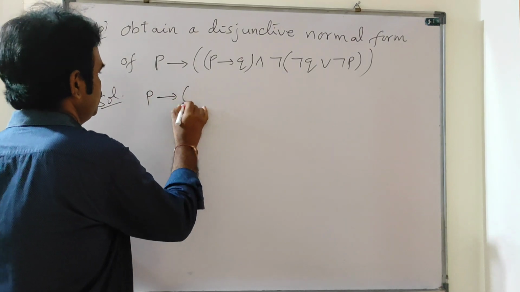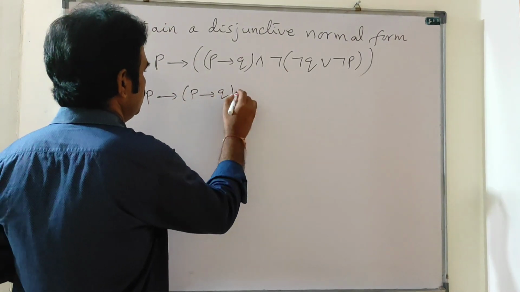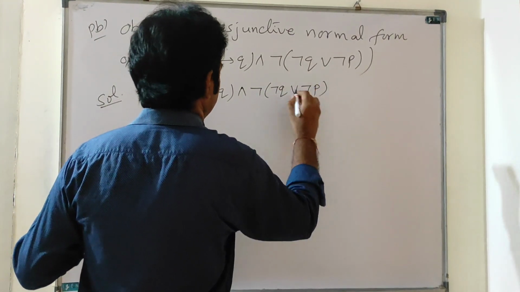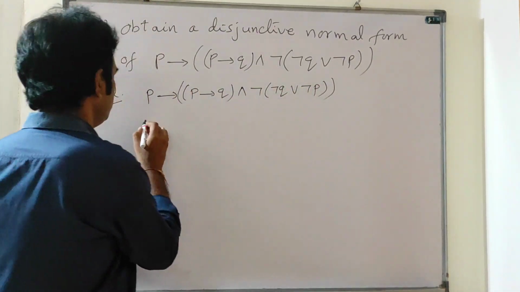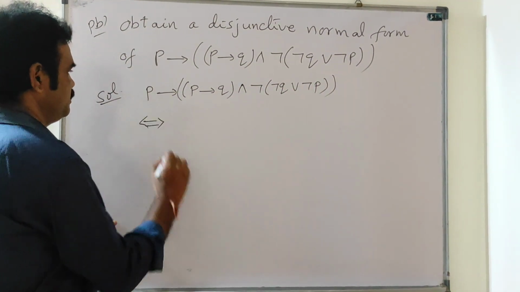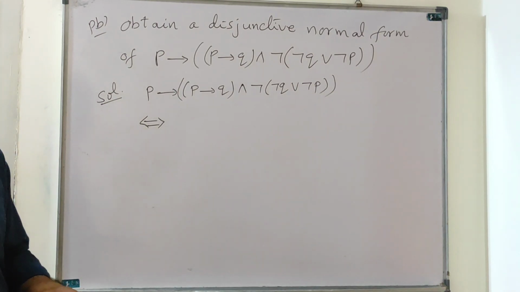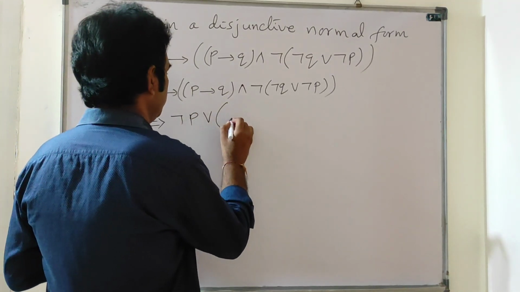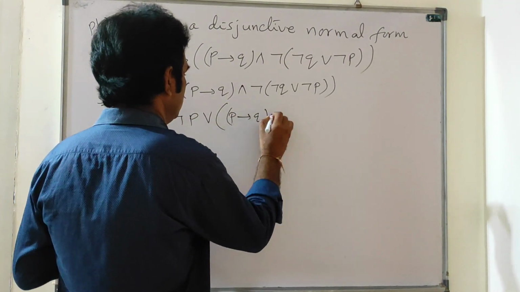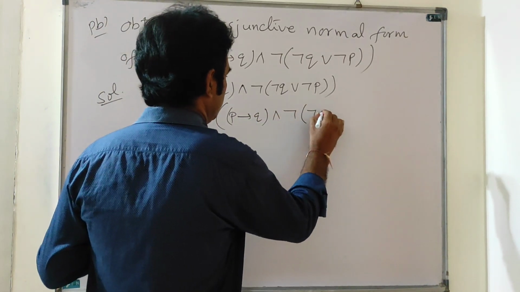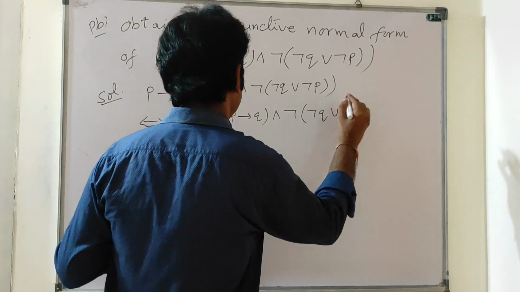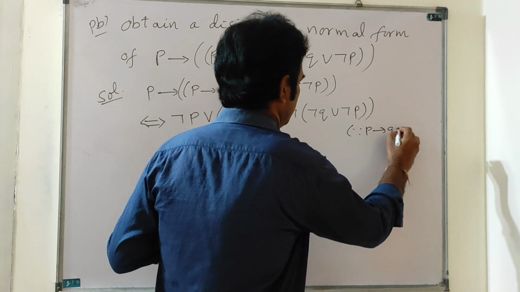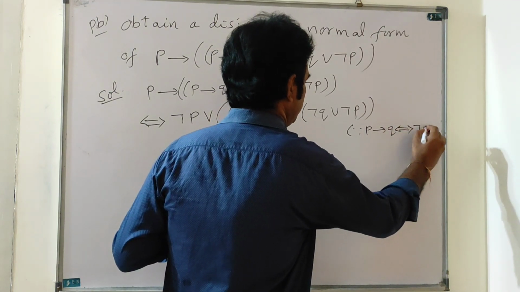P implies Q and negation Q or negation P. This is equivalent to, you know that P implies Q is equivalent to negation P or Q. That implies negation P or Q, and negation Q or negation P. Okay, since P implies Q is equivalent to negation P or Q, the reason for this.